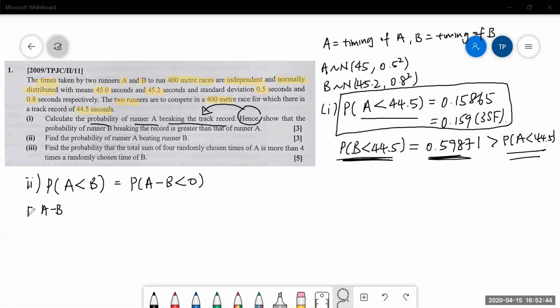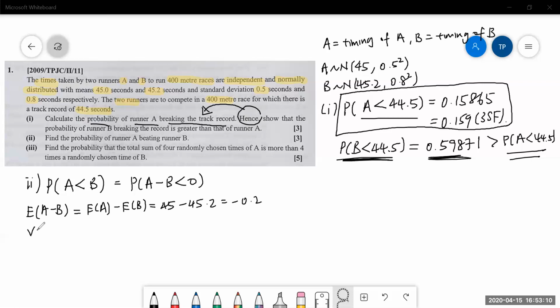To define this new random variable, I have to find the expectation of A minus B, which equals expectation of A minus expectation of B. Expectation of A is 45 and expectation of B is 45.2, which equals minus 0.2.